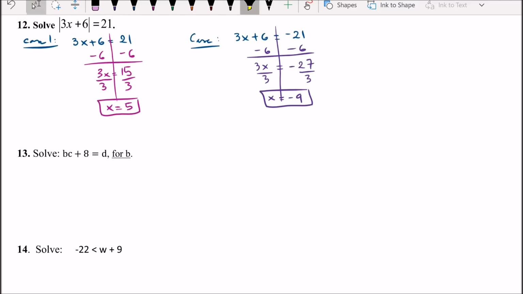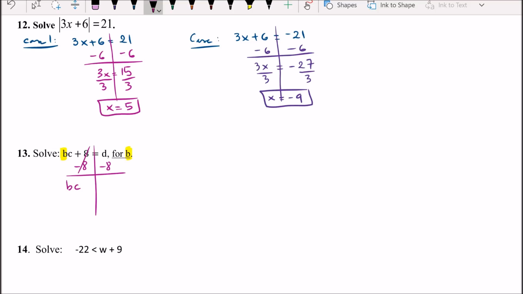Problem 13. We try to get b by itself. So we treat b as the variable that we want to solve for, and any other letter as a number. To get b by itself, we first move the number without b, which means we're going to move 8. We subtract 8 on both sides.